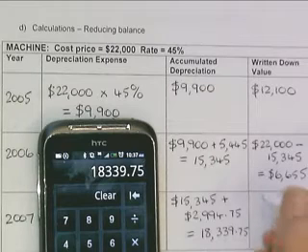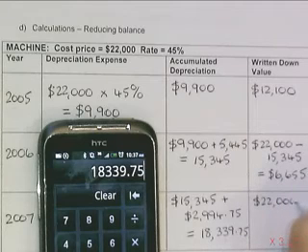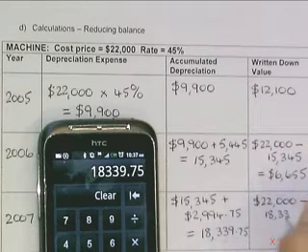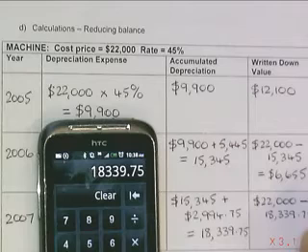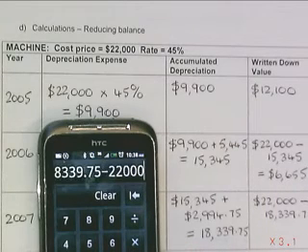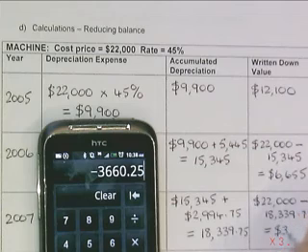To work out the written down value then, take the cost price, $22,000, and deduct accumulated depreciation so far, which is $18,339.75. And we arrive at an amount of $3,660.25 at the end of year 3.